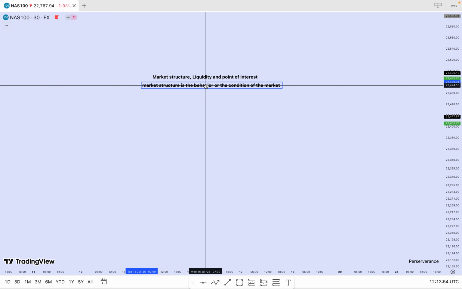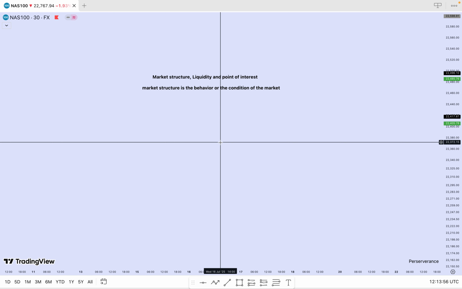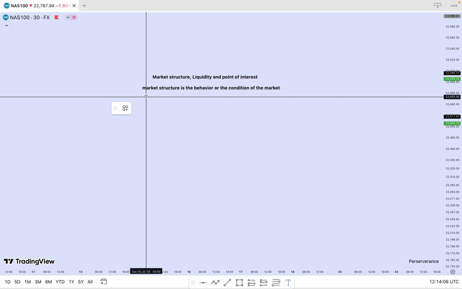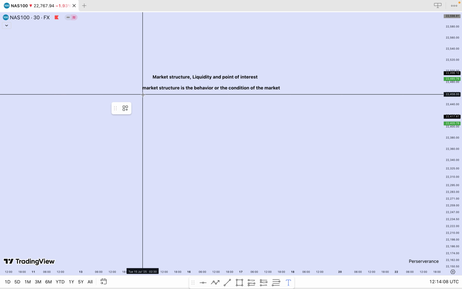And then we have two types of market movement. We have the trending market, and then we have the consolidating market. Then inside the trending market, we have uptrend and downtrend.